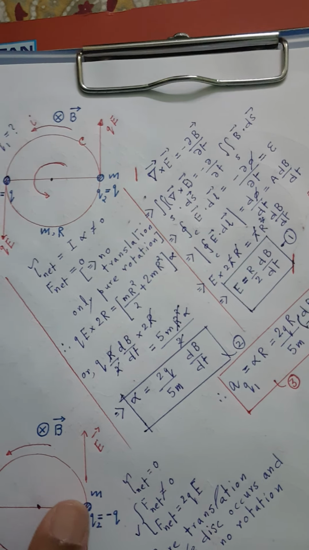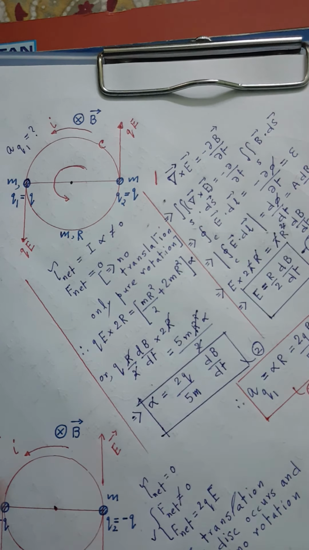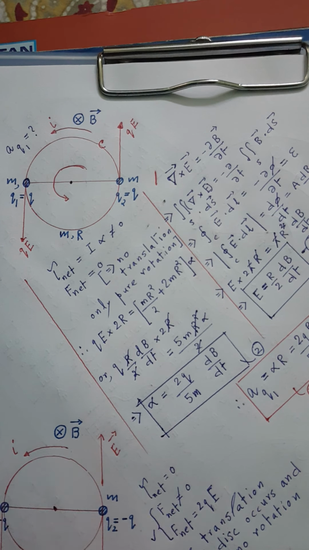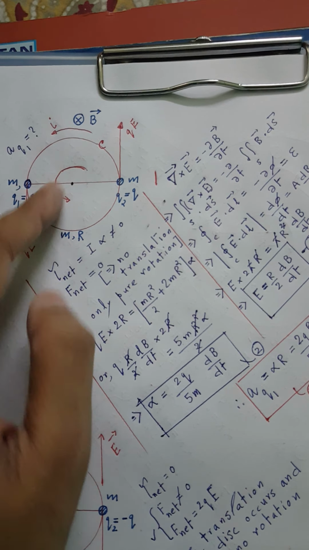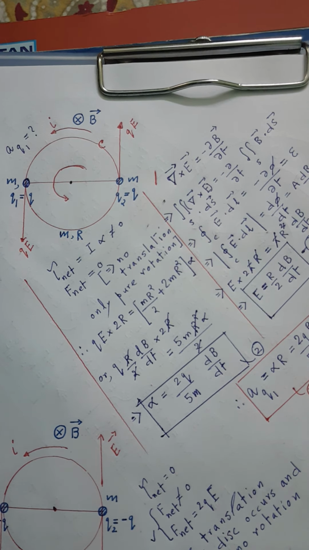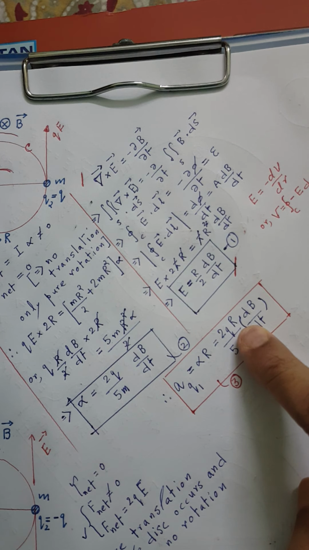Once you got it, these two charges are positive, so they experience force in opposite directions and create a torque, and the disk rotates. You find tau net equals I alpha, but net force is 0. From here we got alpha, and the acceleration of the charges Q1 and Q2, which are tangential accelerations, alpha into r.